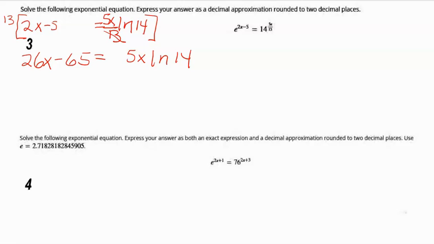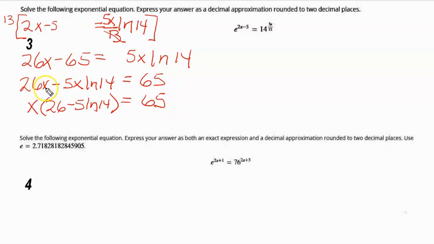Now the protocol we said to solve this was to get all our x terms over on one side. So I'm going to take this term, bring it over. So I have 26x. Now when we transpose it, it becomes a negative on this side, natural log of 14 equals, I'm going to take my negative 65, transpose it, becomes a 65 on that side.